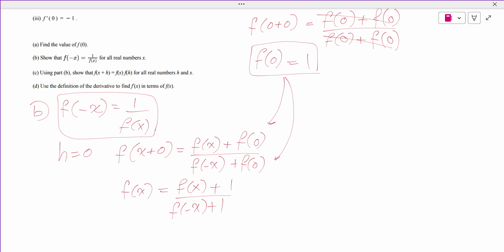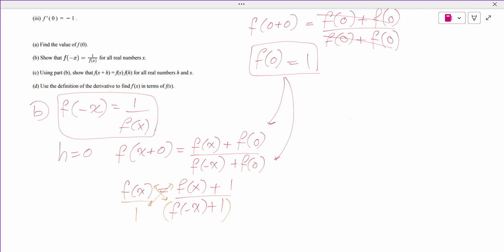So now you need to isolate f of minus x. How do we isolate f of minus x? So we will make the denominator here by 1, and then we will use the cross multiplication.